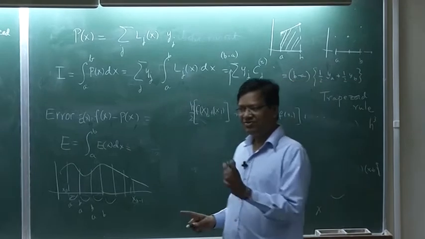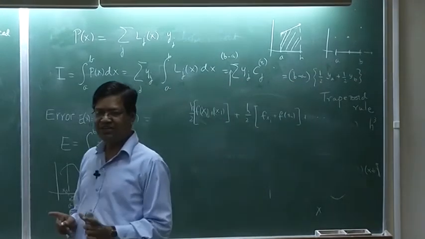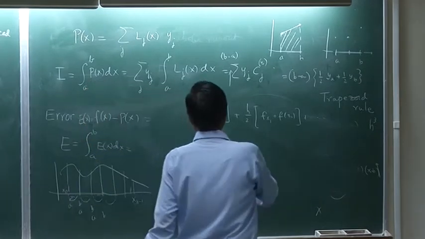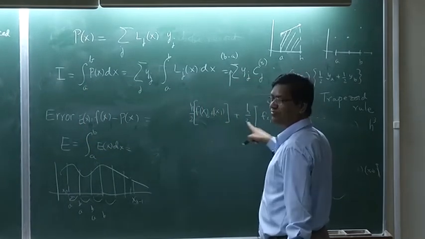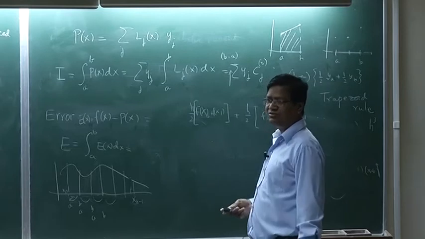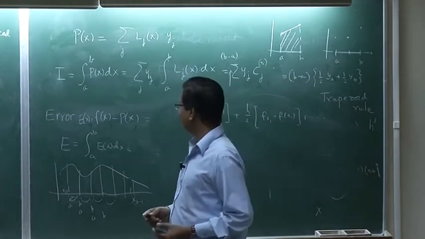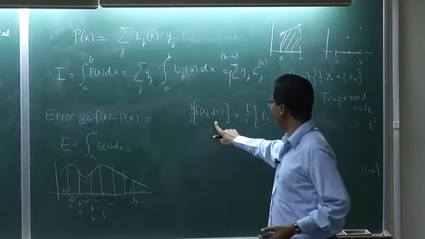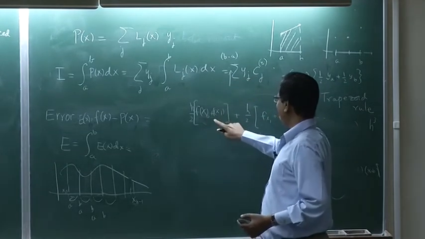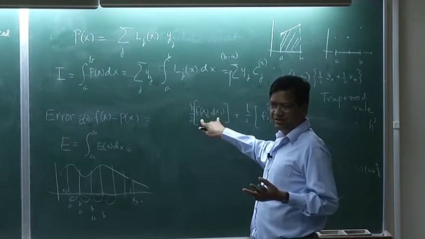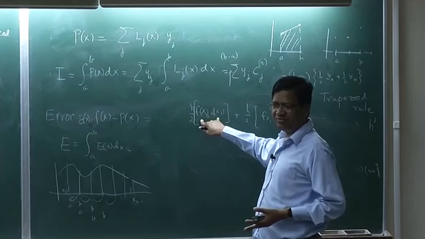So it's a sum of trapezoidal sums of each segment, each slice. But if you see, f(x1) can be added from here and here. So all the intermediate points you can add half plus half. So this involves how many multiplications and additions? It involves 2 additions for each slice. I can decrease the order.